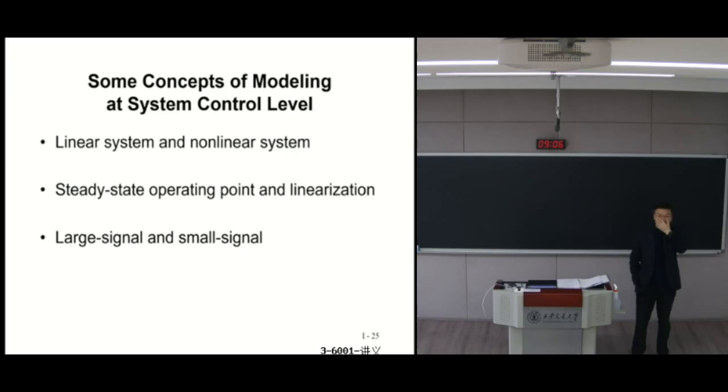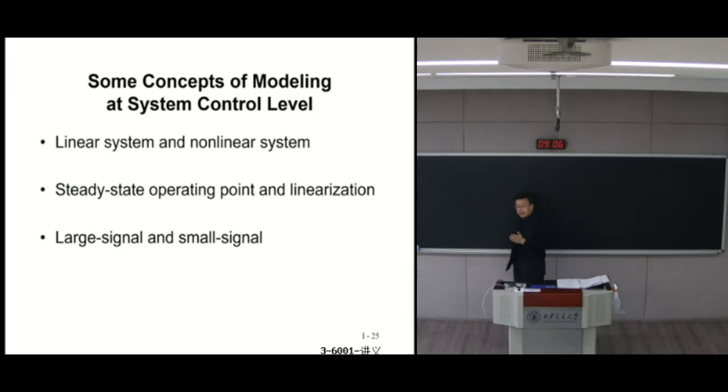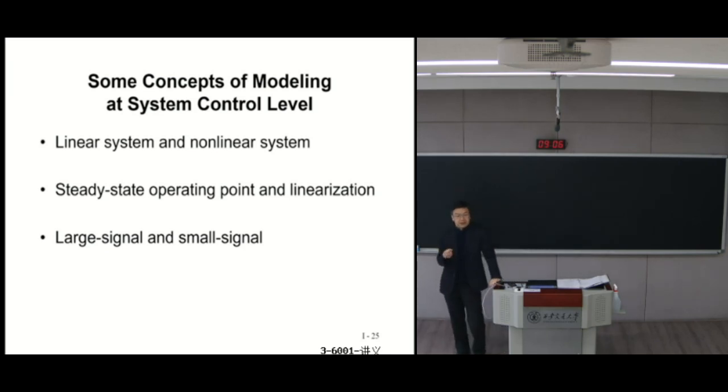But from what we discussed in the end of last lecture, we all know that the fundamental nature that distinguishes small signal and large signal is actually theoretically whether the system can be considered as a linear system or it cannot be considered as a linear system at all anymore.